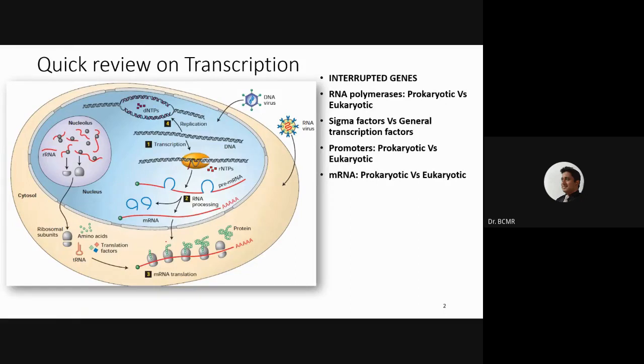I hope you remember that since we started the transcription lesson, we are going with this picture for a long time, right? We discussed replication, organization of the genome, and in the last class, we discussed transcription.